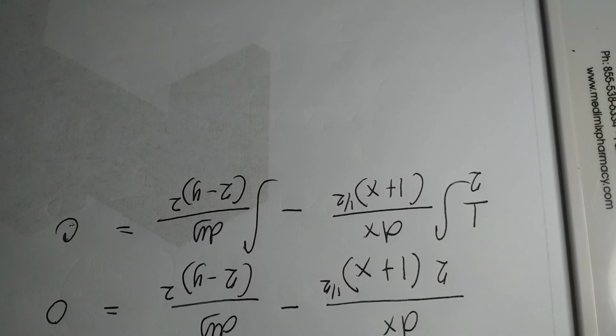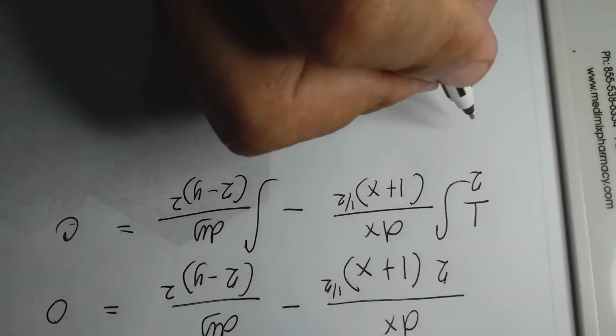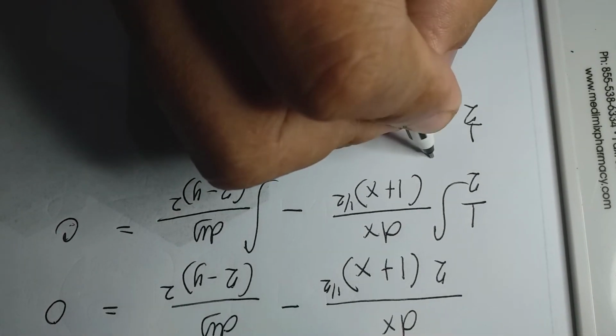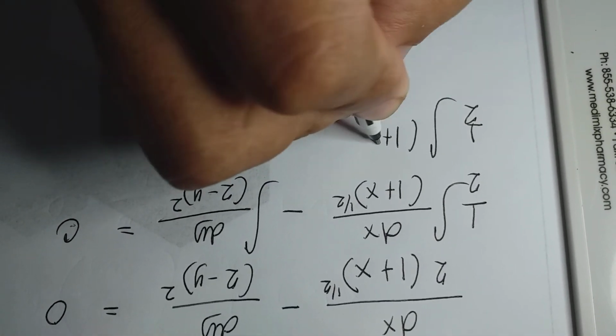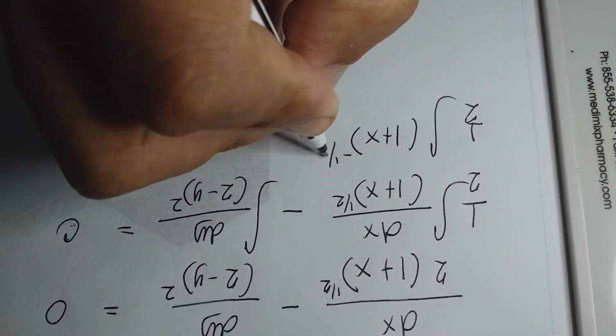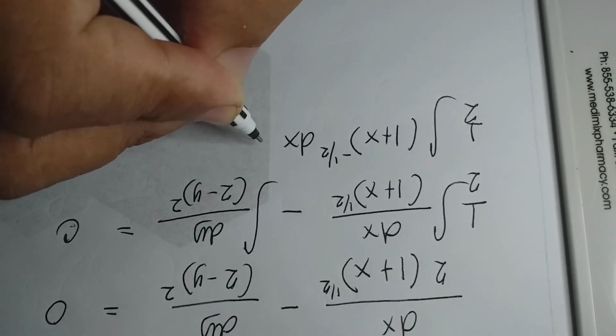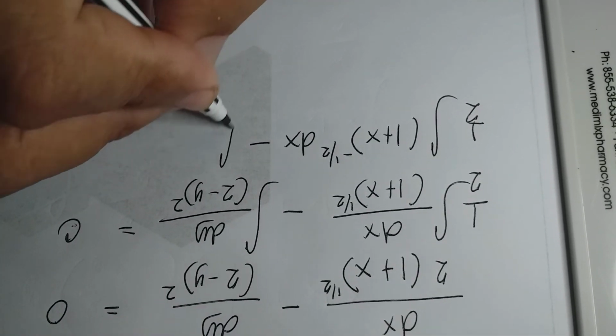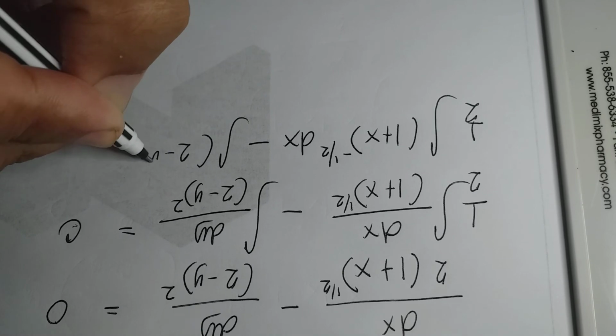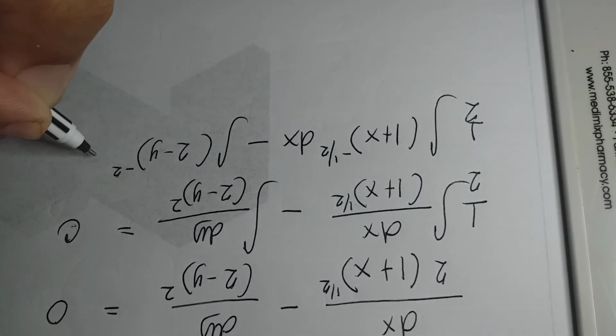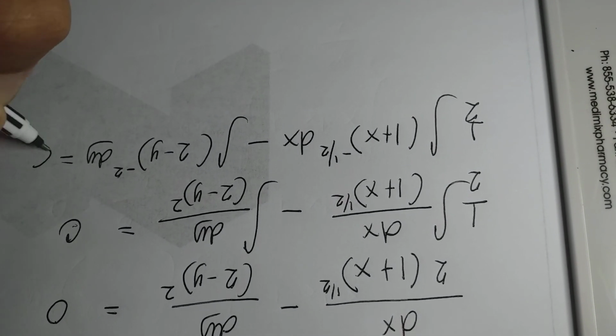So what will be the integral of dx over 1 plus x raised to 1/2? So let us simplify this thing. So we have 1/2, the integral of 1 plus x raised to negative 1/2 dx minus the integral of 2 minus y raised to negative 2 dy is equal to c.